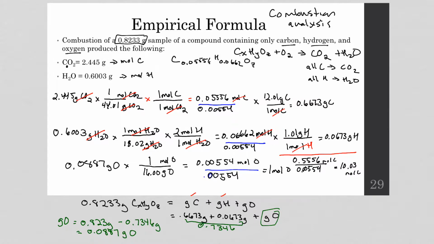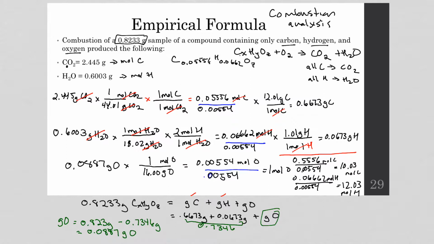And if I do my hydrogen here, I get 0.06662 moles of hydrogen divided by 0.00554. I get 12.03 moles of hydrogen.